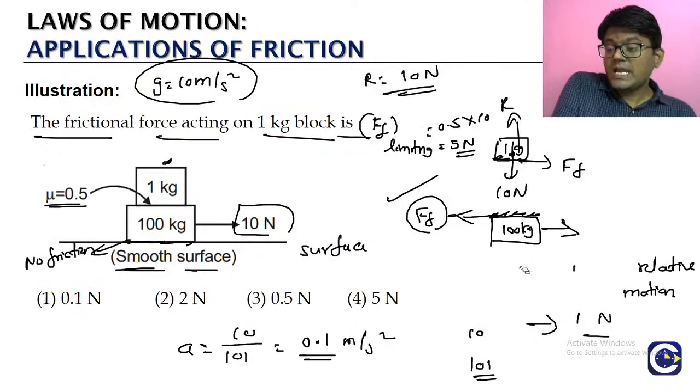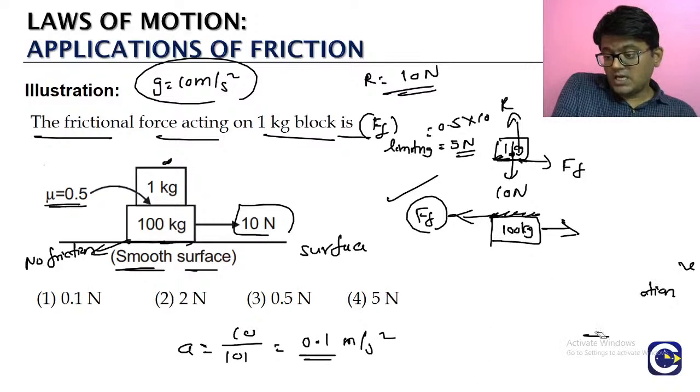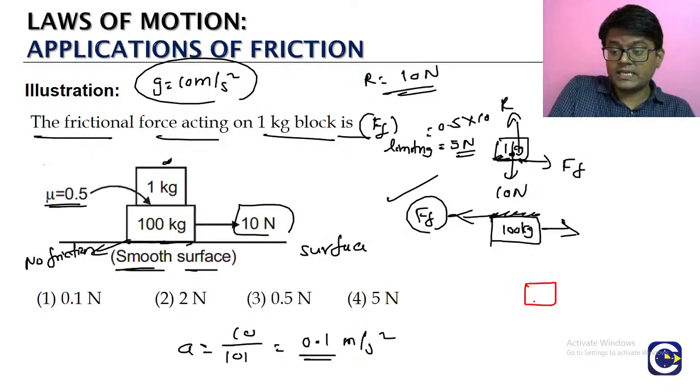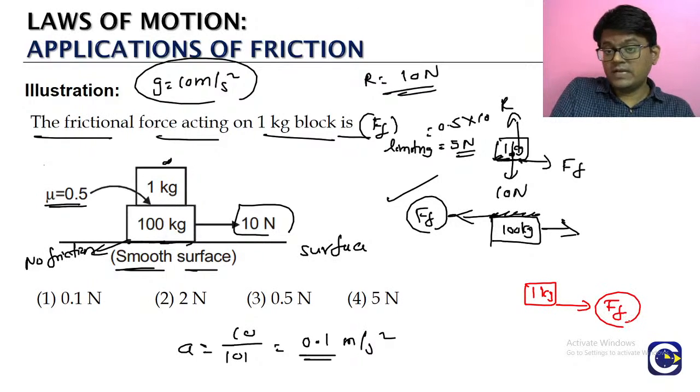Okay. Now, if the 1 kg has to move towards the right side with this much acceleration, look at just the 1 kg here. There is only one force acting on it, which is the friction. What is the relation we should have?